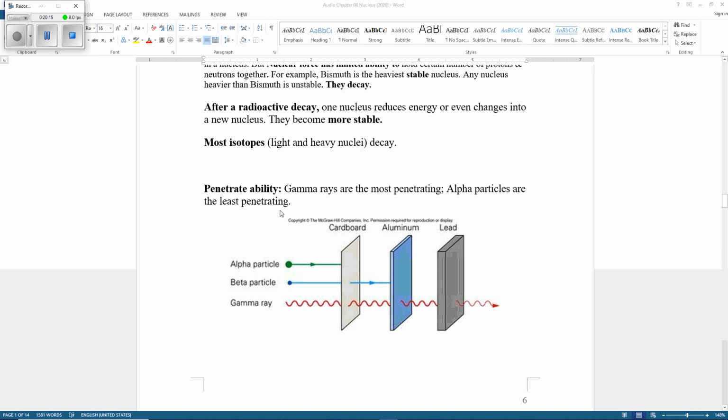So we say gamma rays are the most penetrating, and alpha particles are the least penetrating. We should remember this conclusion.